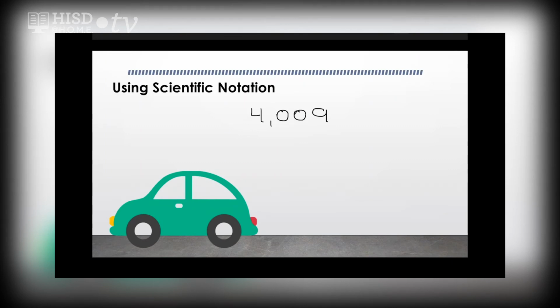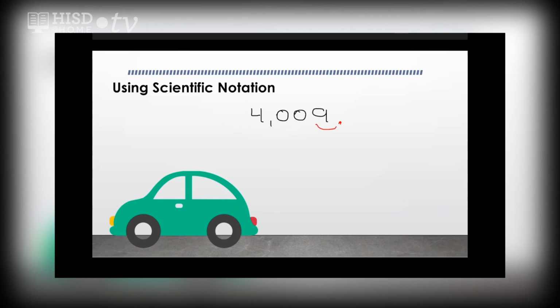So of course I cannot use 4,009. In order for us to make it a number between 1 and 10, I have to move my decimal. And remember that on a whole number, the decimal point is always at the end. So I'm going to draw it over here, and that's our invisible decimal point.